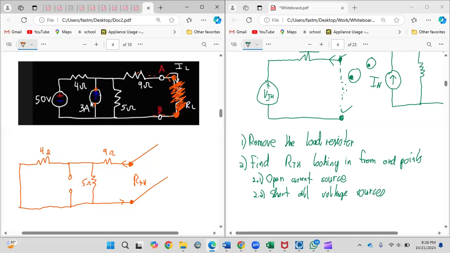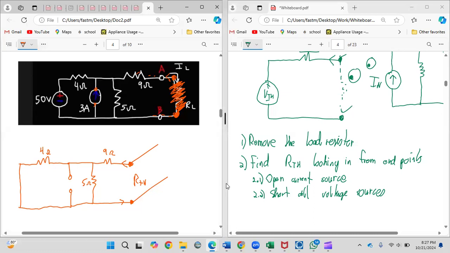Because if you change the point that you're looking through from, the equivalent resistance would change. Depending on how we look through it, remember, some voltage and current sources will give you a short circuit, some will give you an open circuit, so the impedance or the equivalent resistance will change. So you should just measure the resistance looking in at that particular point.